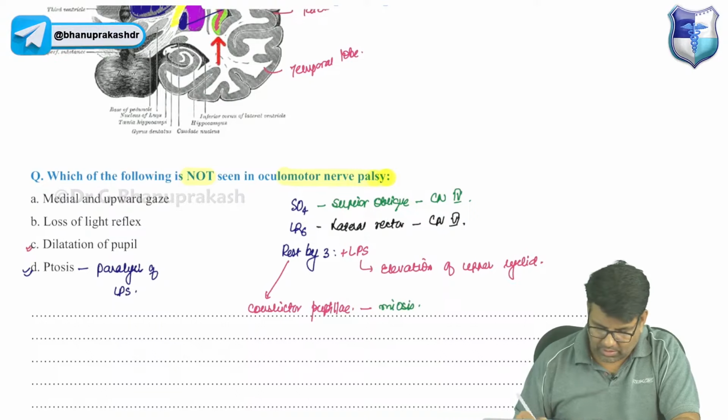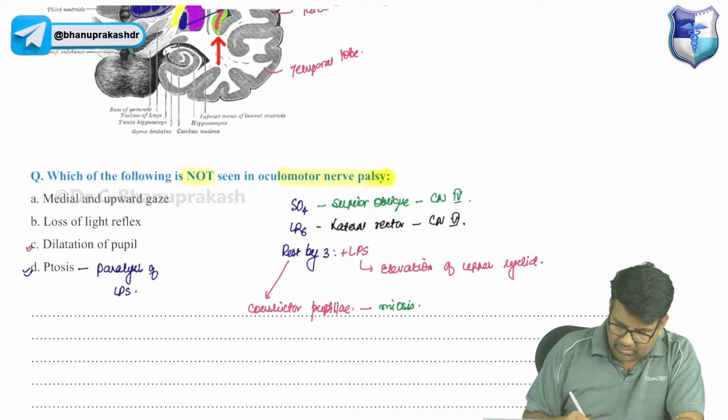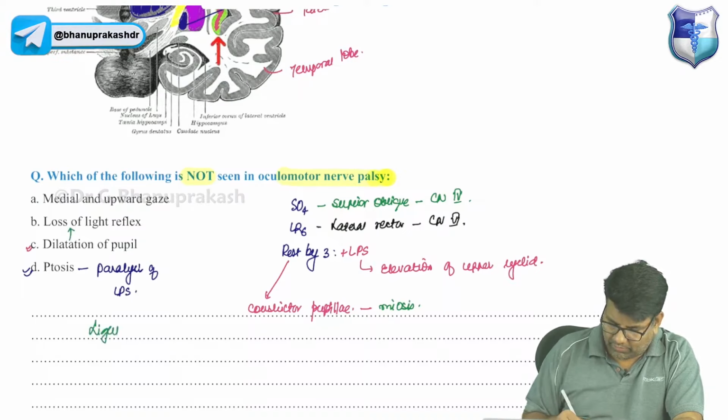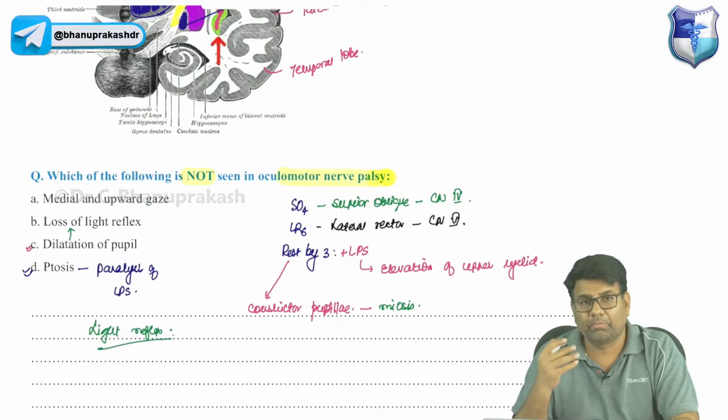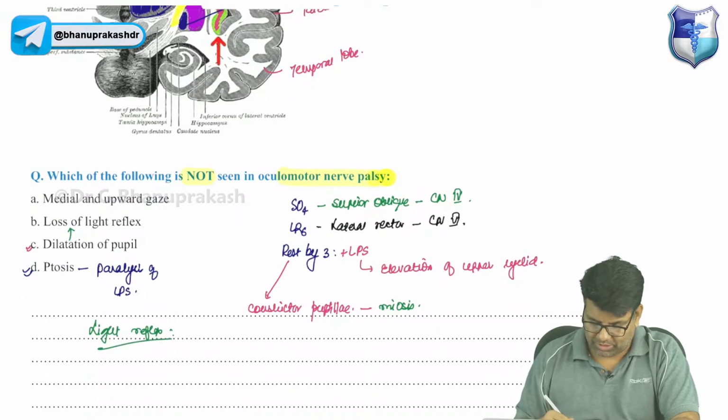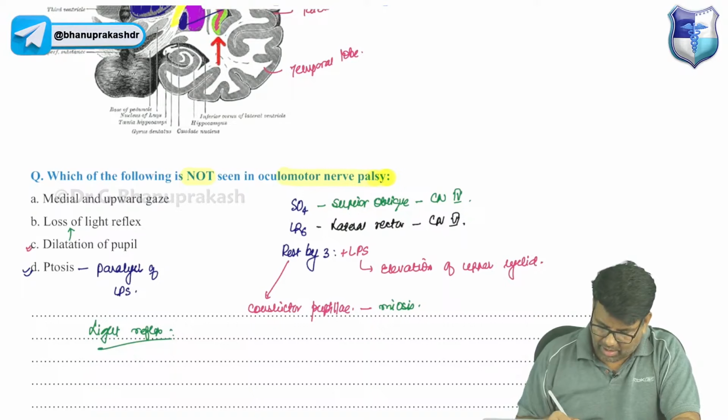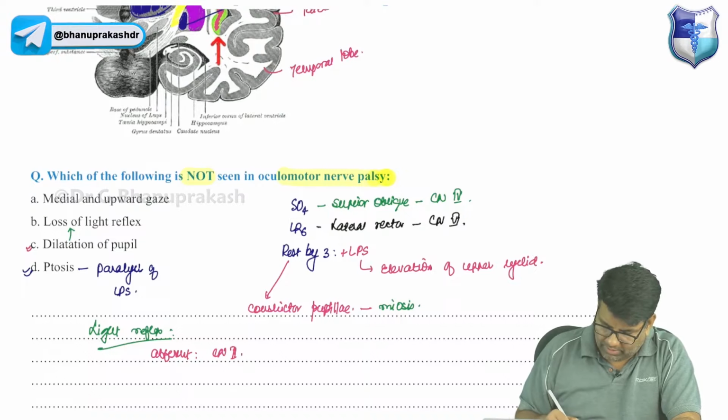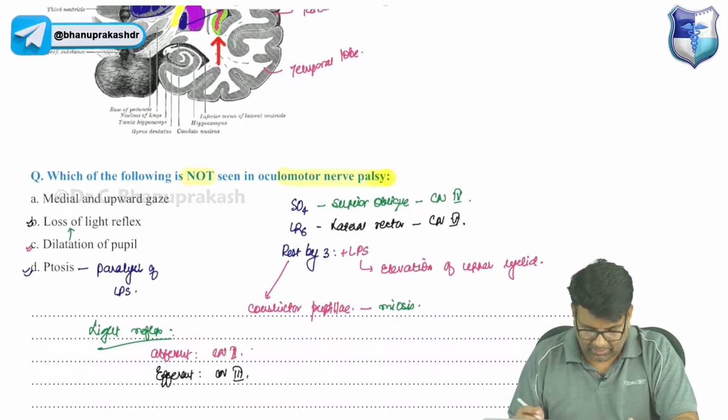This causes miosis, and this is again about the light reflex. What is the light reflex? If you show light, there will be pupillary constriction. So afferent is cranial nerve second, and efferent is cranial nerve third, right? So if the third is gone, there will be loss of light reflex.